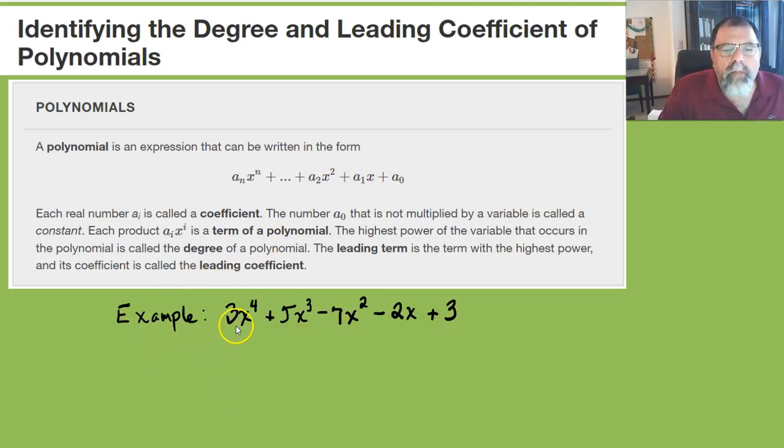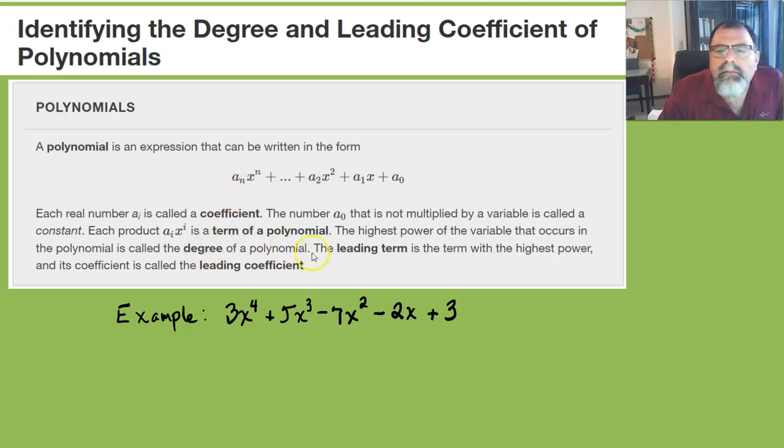So looking at this polynomial, 3x to the fourth plus 5x to the third minus 7x squared minus 2x plus 3. Okay, so each real number a sub i, going back to this definition, this is what we call a polynomial in descending order.